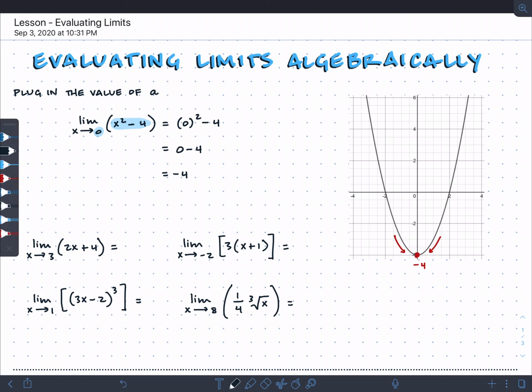So the disclaimer, though, and I'll use a different color here, our disclaimer is that it's only this easy if our function is continuous.